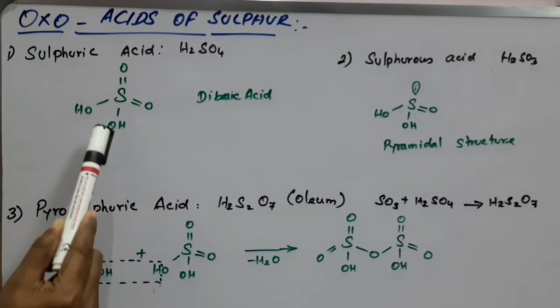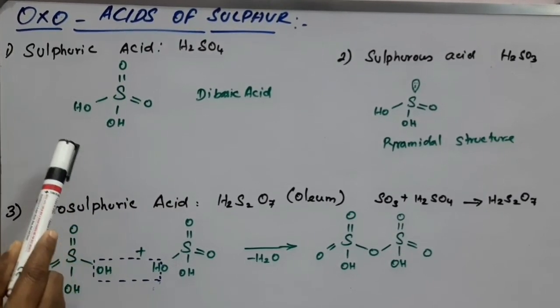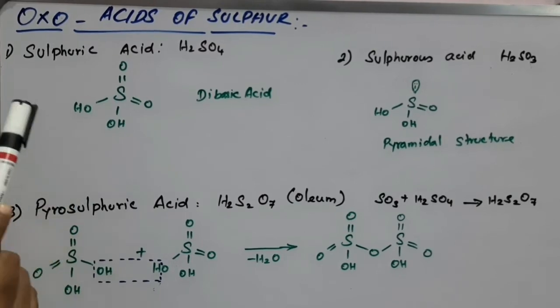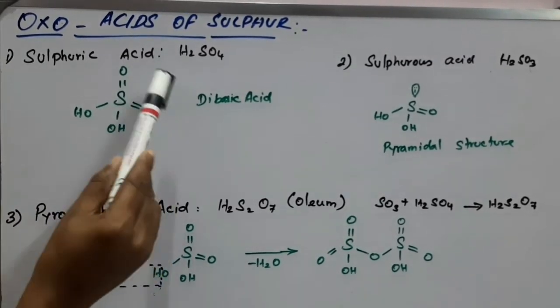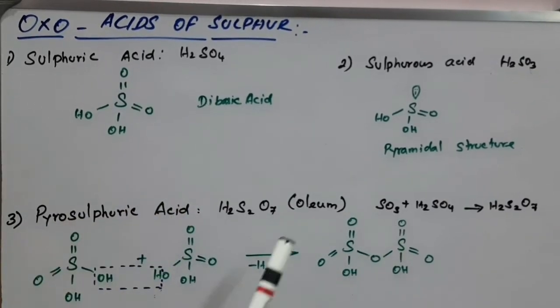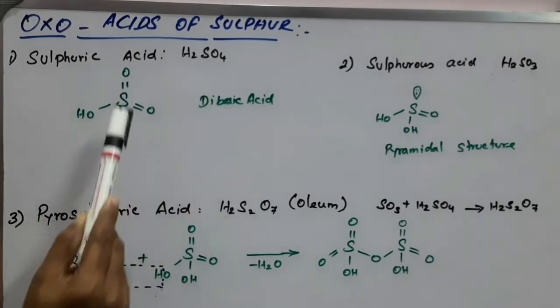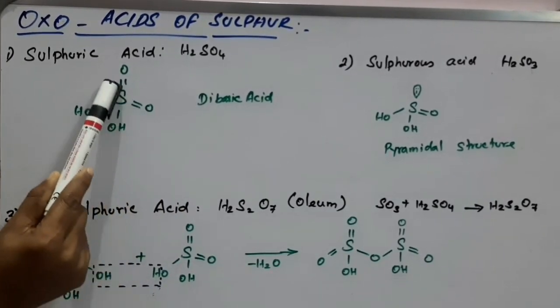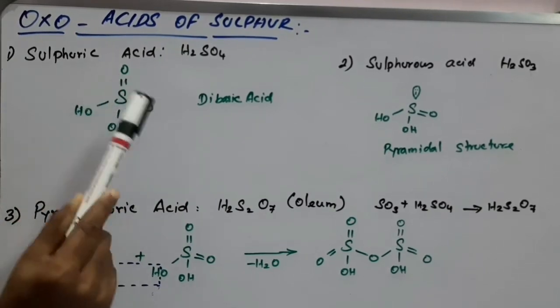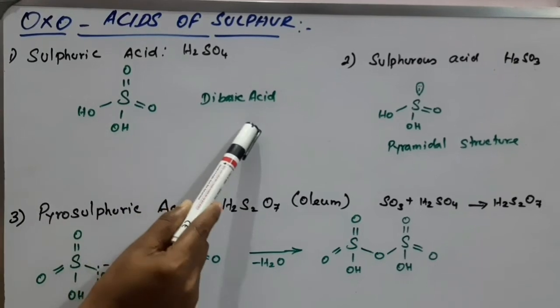The drawing, the draw-the-structure question, every year the board will ask one question from this topic: draw the structure of H2SO4 or H2S2O7. Listen, H2SO4 means sulfur with OH and double bond O. Here there are no lone pairs of electrons present. This is a dibasic acid.